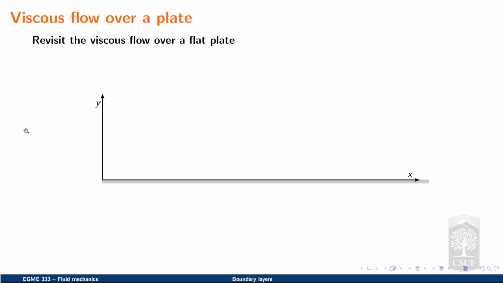Let's revisit this viscous flow over a flat plate. But instead, what I want to consider is not so much the position of each fluid element, but rather the deformation that a fluid element may experience within this flow. So I'll consider two different axial positions, x1 and x2.